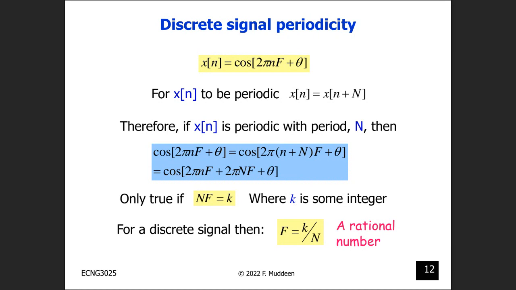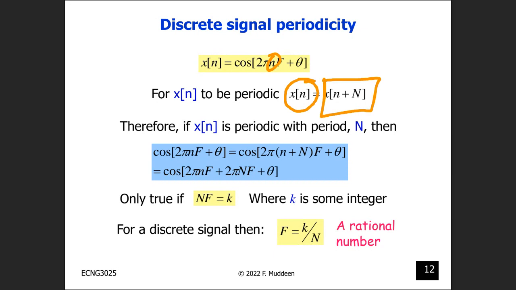But basically, if I have a discrete time signal x[n], which is cosine 2 pi nf, f is the frequency for me, and n takes integer values. Remember, this only exists for n equal to 0, 1, 2, 3, 4, 5, etc. For this to be periodic, it means that there's some period where the entire set of values of x[n] will be repeated here.